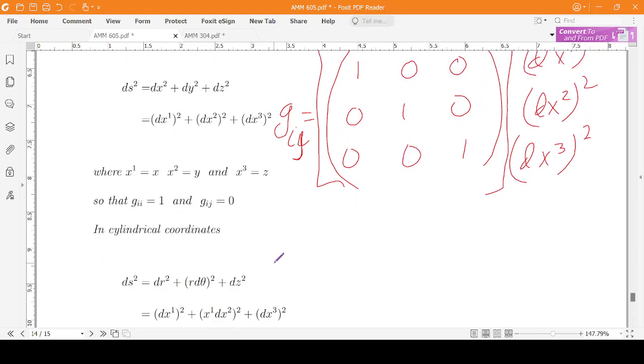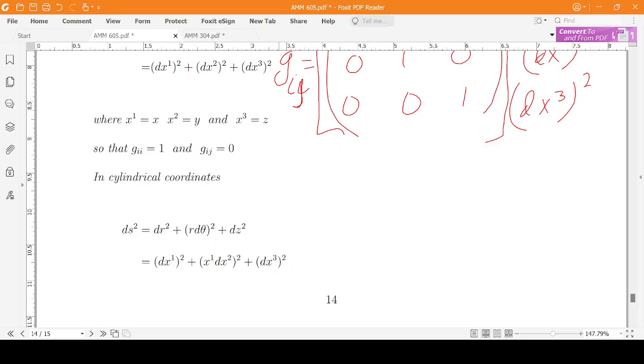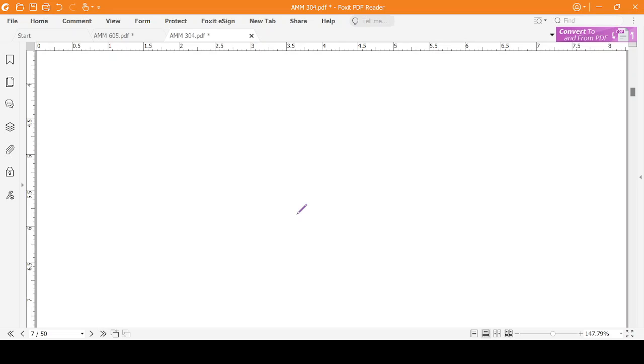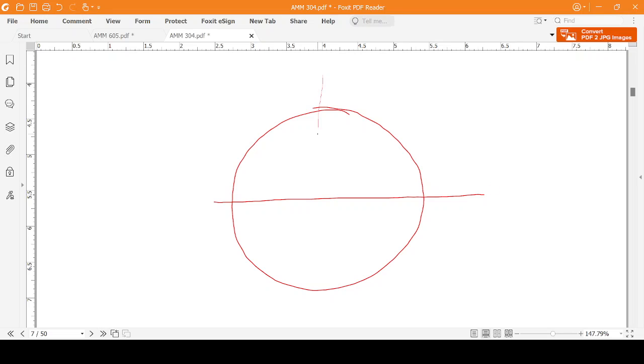Now, if we go to the cylindrical coordinates, remember the cylinder. When we think of a cylinder, the base is a circle of radius r. So when we think of an element here, this angle is delta theta, and this is r, the length.